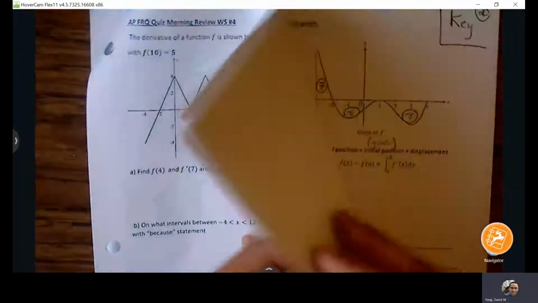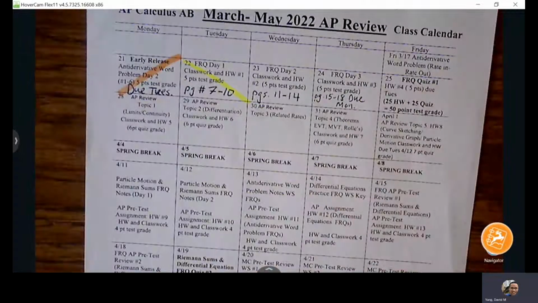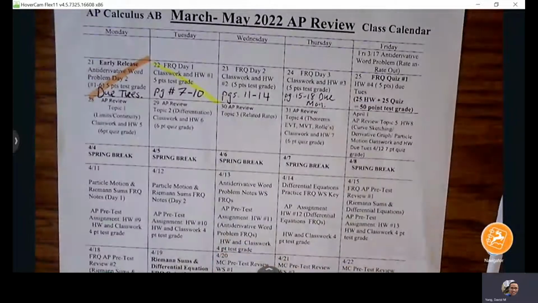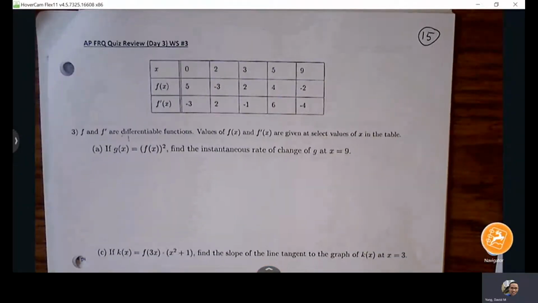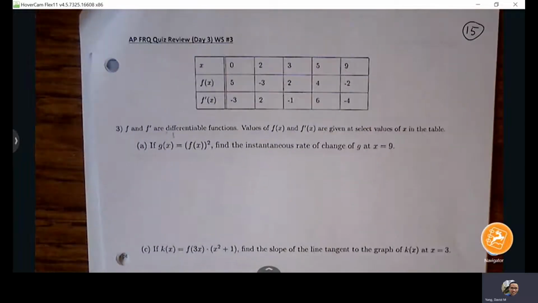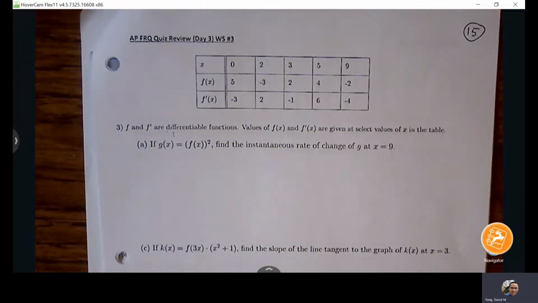But today we're going to go through pages 15 through 18. So go to page 15. It says f and f prime are differentiable functions.